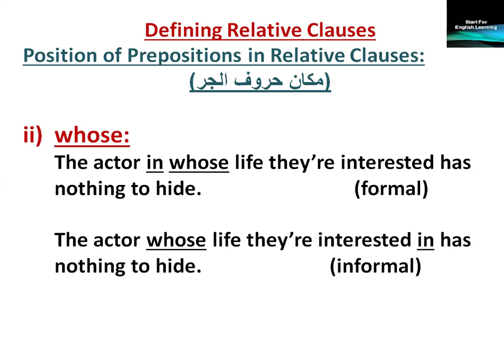Two, the actor whose life they are interested in has nothing to hide. Here, this is the informal style. We put the preposition after the verb, at the very end of the relative clause. This is the informal style.